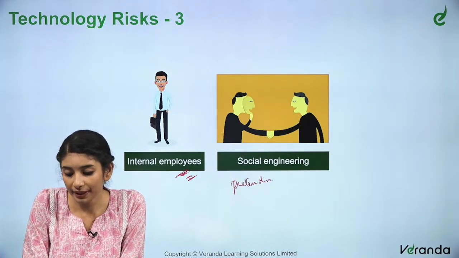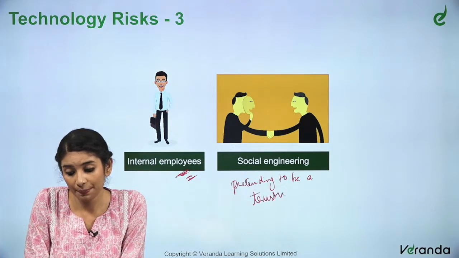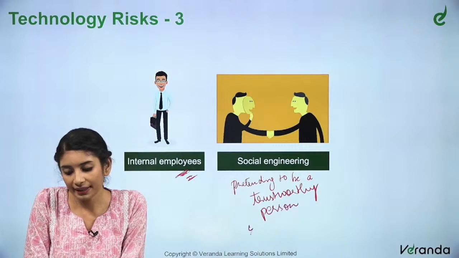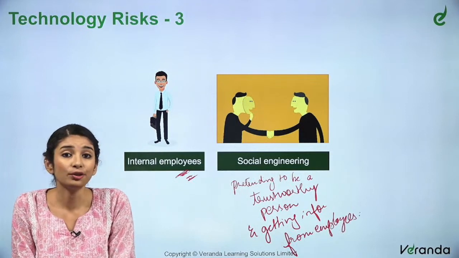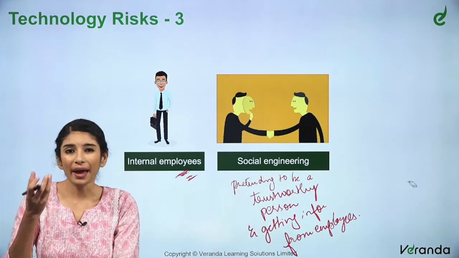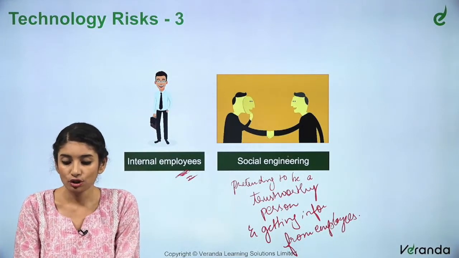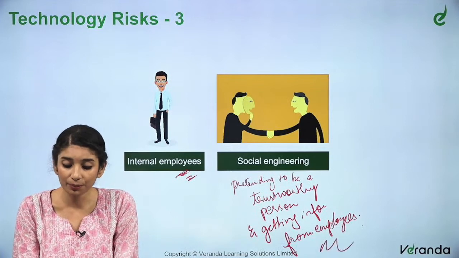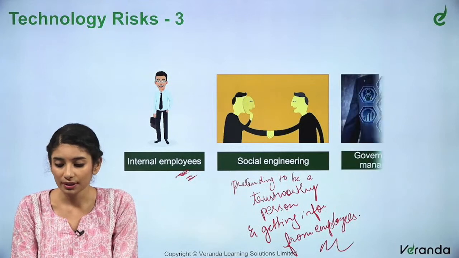Pretending to be a trustworthy employee, a trustworthy person, and getting information from employees. I pretend to be a well-wisher or a friend and try to extract information from the employees of the company. Social engineering. And using that information, I can do a lot of harm to the systems.